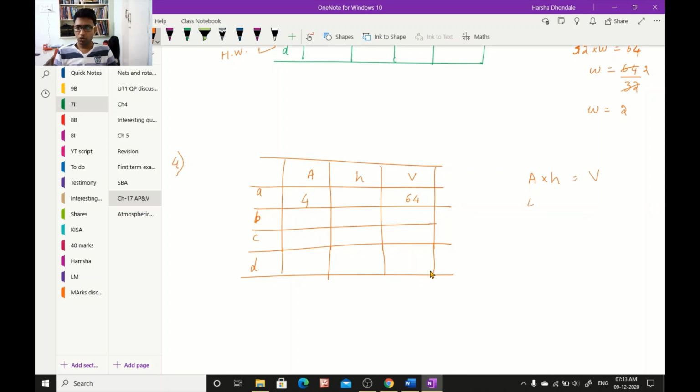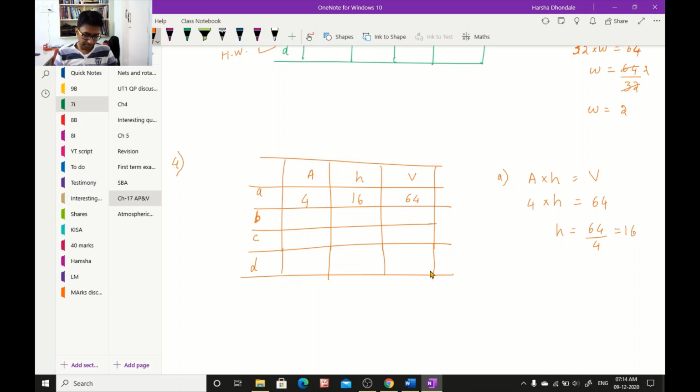Area is 4 centimeters square into height, I don't know how much it is, is equal to volume. Volume is 64, it's given in the tabular column already. So 4h is equal to 64, h is equal to 64 divided by 4, this is equal to 16. So it is 16 centimeters.